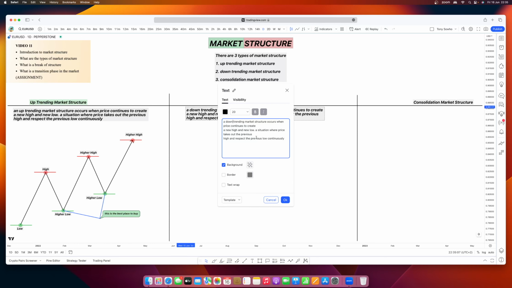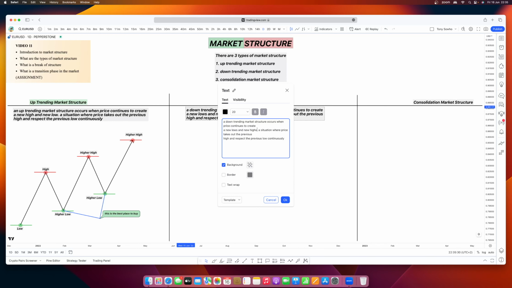Okay, a downtrending market structure occurs when price continues to create lows and highs, continues to create new lows and new highs.